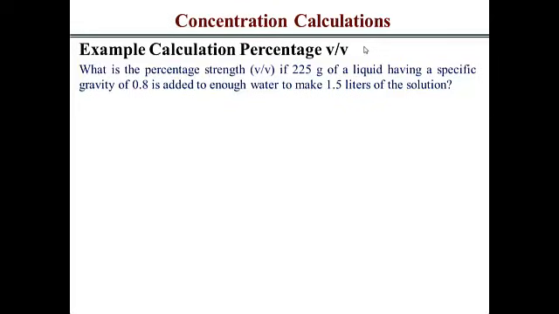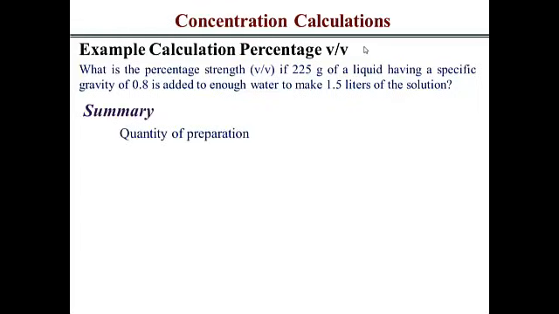So we know from our definition that the percentage strength is going to be the amount of your constituent in milliliters divided by 100 milliliters. So we need to be able to, from this question, determine what the volume of our constituent is going to be. And then we know what the volume of our preparation is also going to be eventually, right?